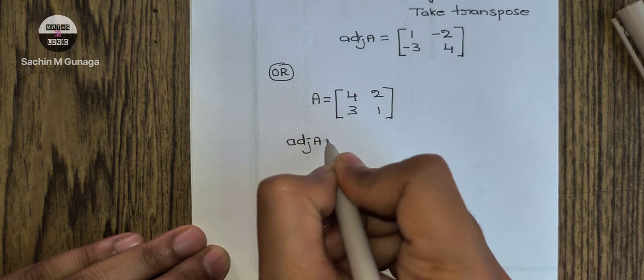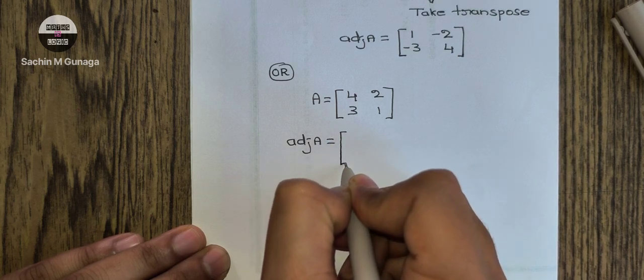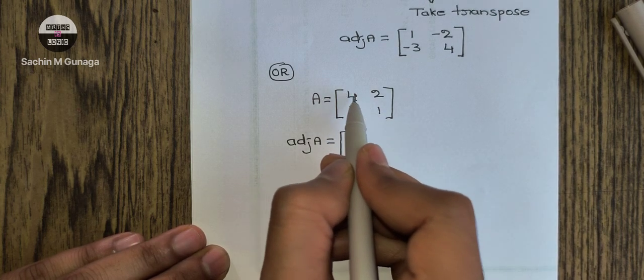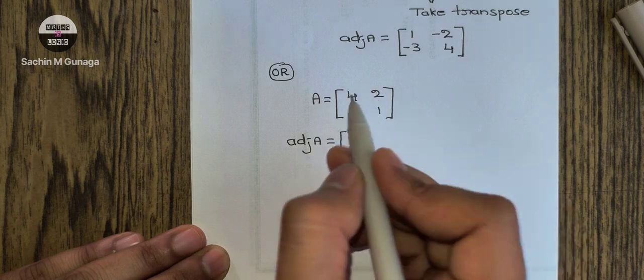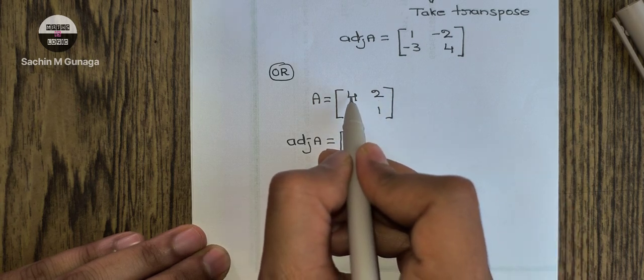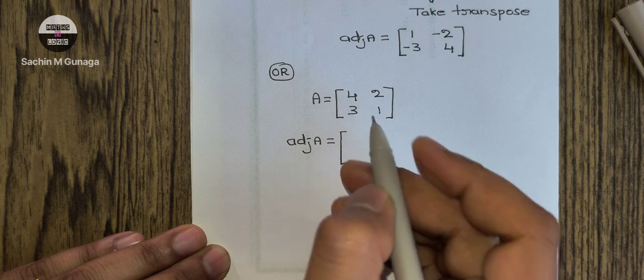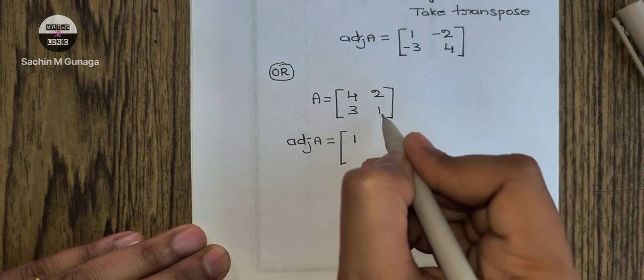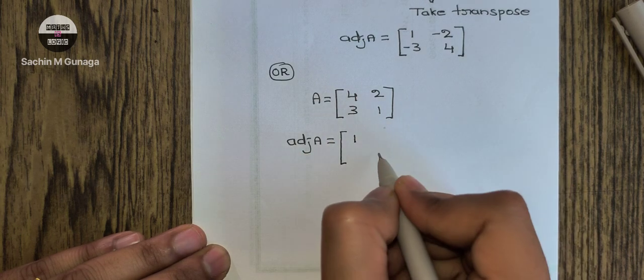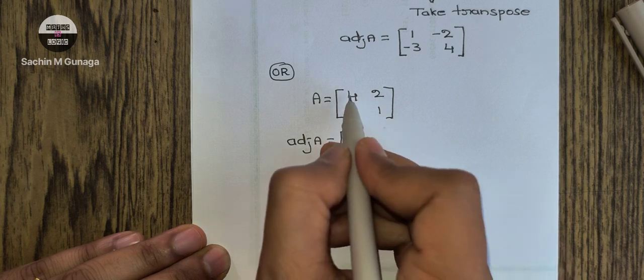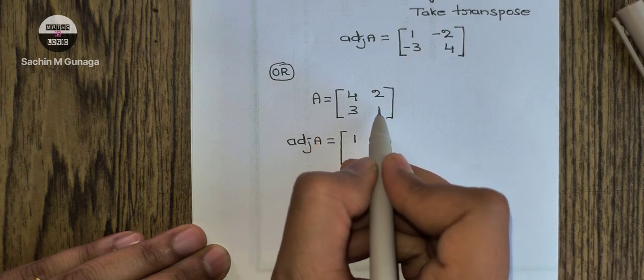Therefore adjoint of A is equal to, what we need to do is these principal diagonal elements we need to interchange. Interchange means in first element place we are going to write here 1, and in fourth element place we are going to write here 4. Interchange these principal diagonal elements.